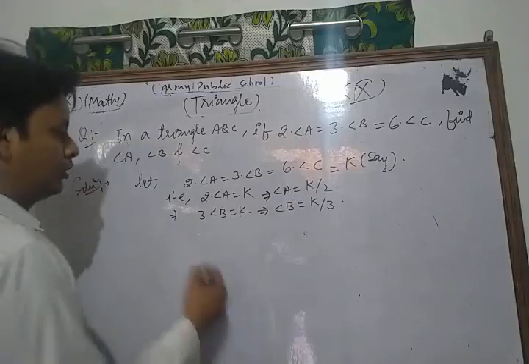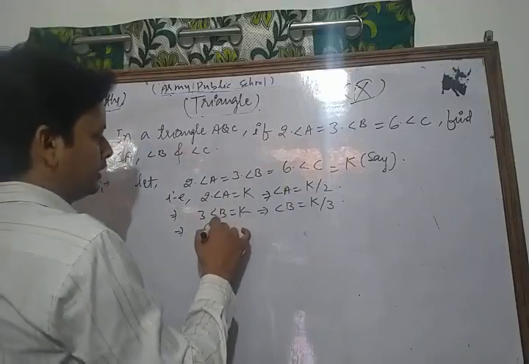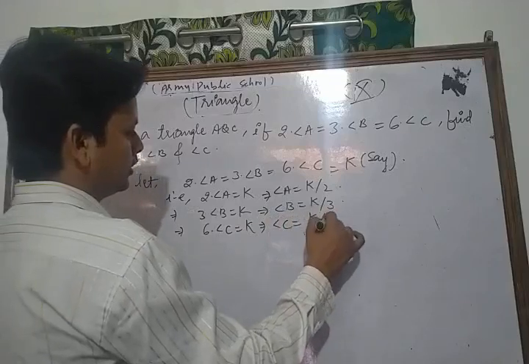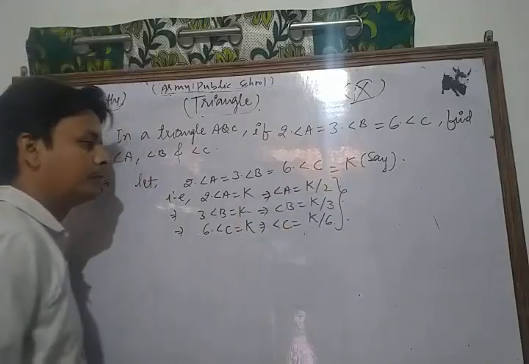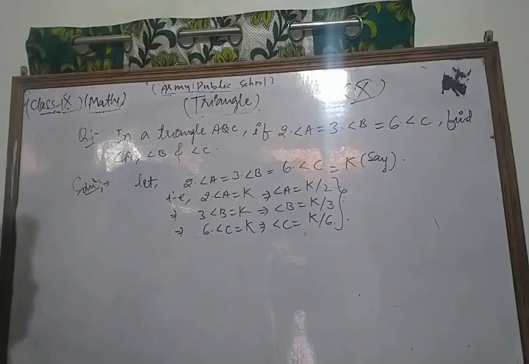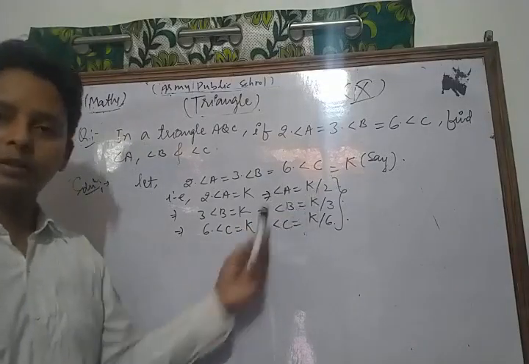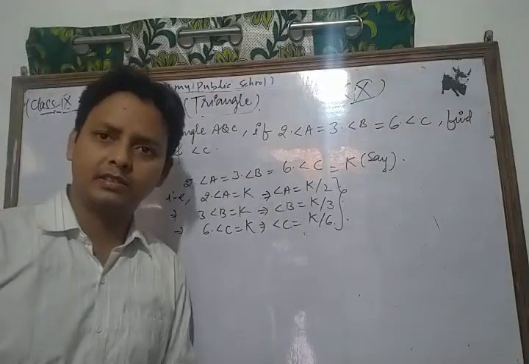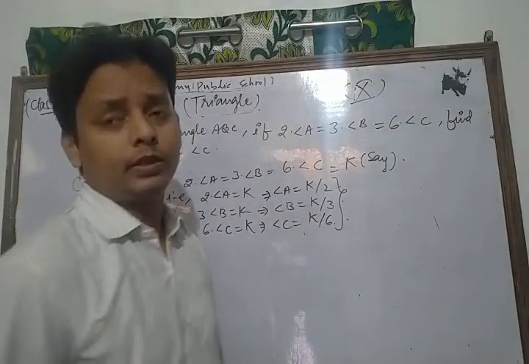Now if we take 6 times angle C is equal to K, then we get angle C is K by 6. So in this way we find angle A as K by 2, angle B as K by 3, and angle C as K by 6.